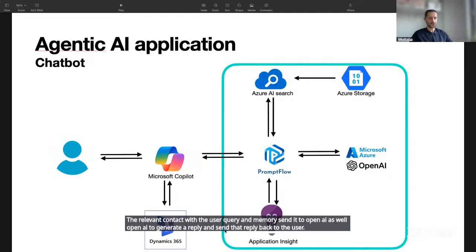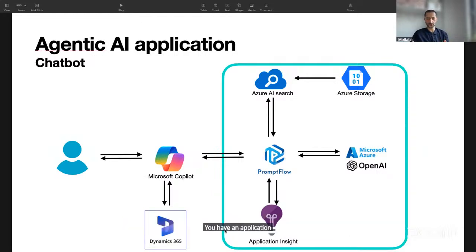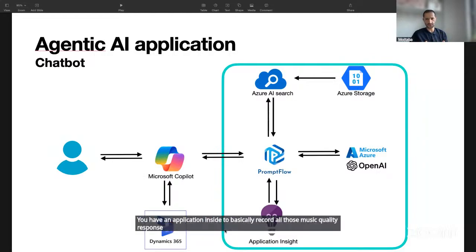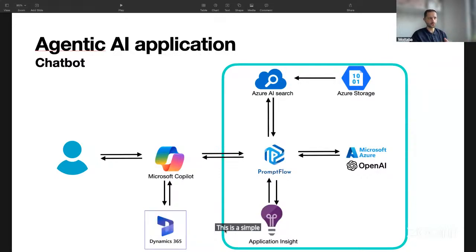You also have an application inside to record all the user queries and responses for evaluation purposes. This is a simple version of how you can build an agentic application in Azure. Any questions?